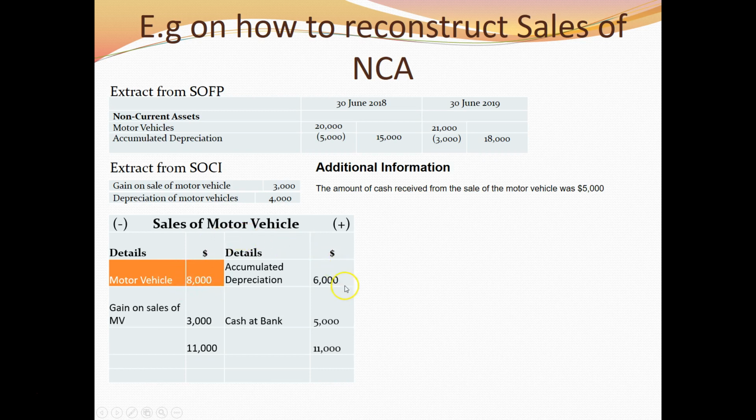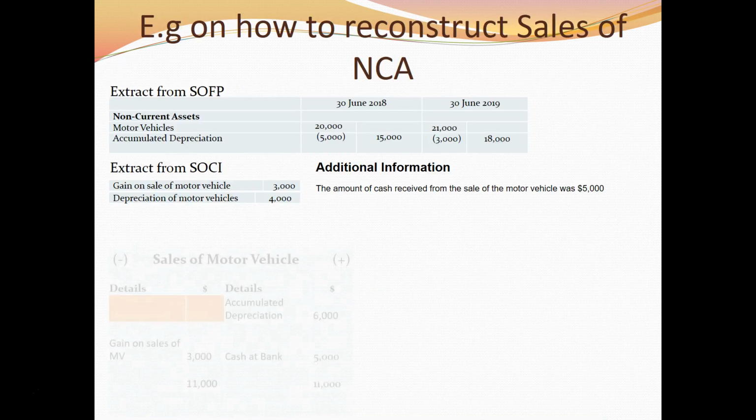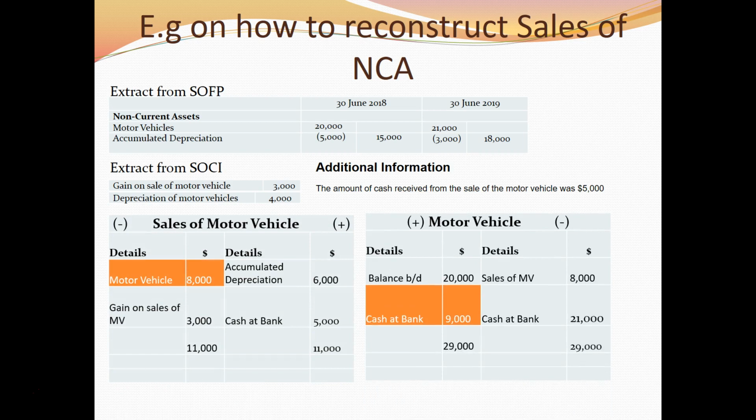The next one is to figure out how much accumulated depreciation there is for the motor vehicle. How do we find how much accumulated depreciation belongs to the motor vehicle that we managed to sell? This is a bit tricky.